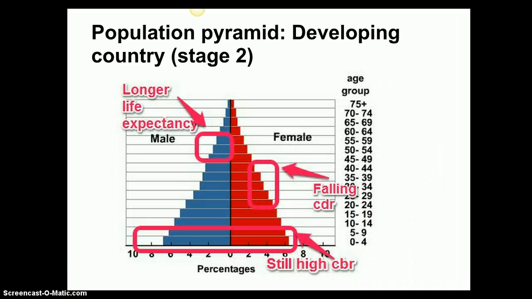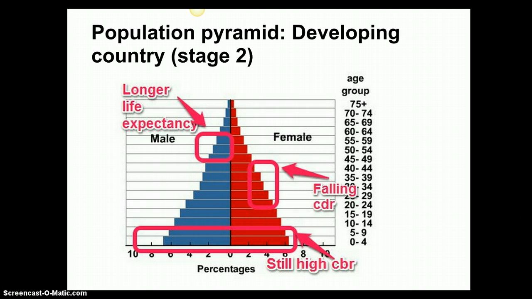The population pyramid type 2 is also a developing country, but a country that is going through some economic development. You can see that there is still a very, very high birth rate. It's a very broad-based pyramid. But you can see that the CDRs, the crude death rates, are falling, and the life expectancy is increasing.